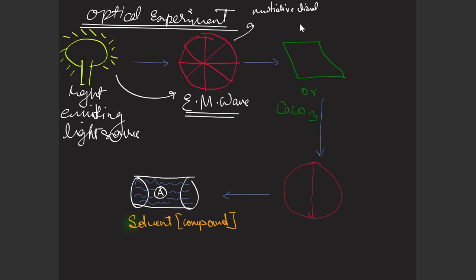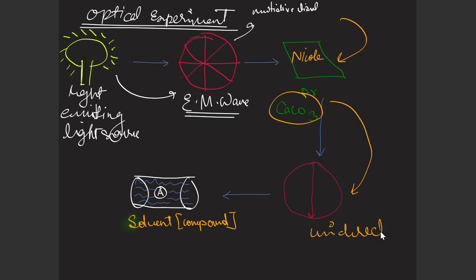So it is passed through a membrane or through a system. Here it is called nickel, or it can even be calcium carbonate also. From this we obtain a unidirectional light source.